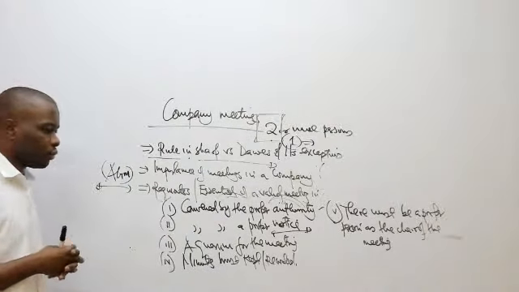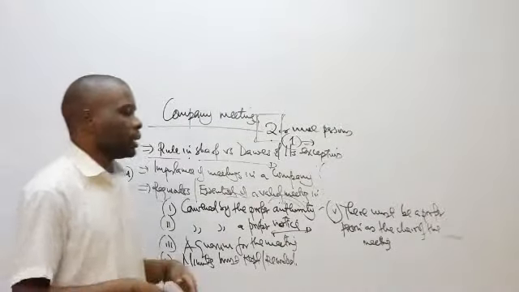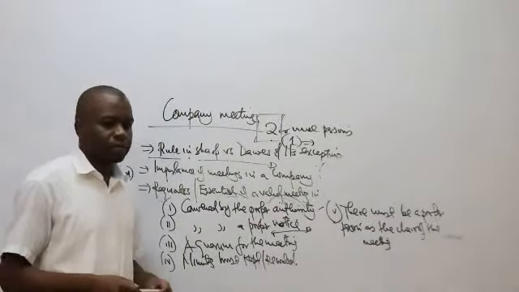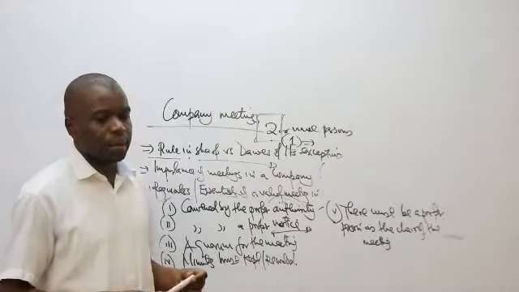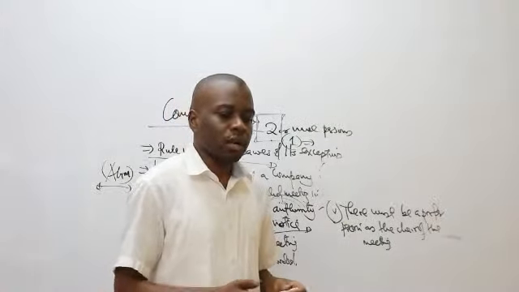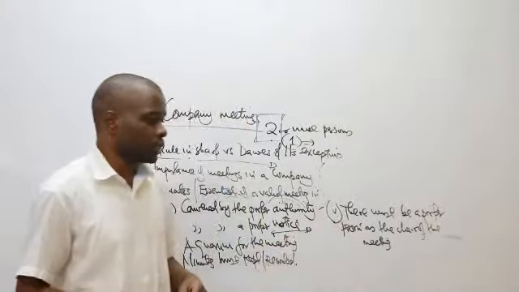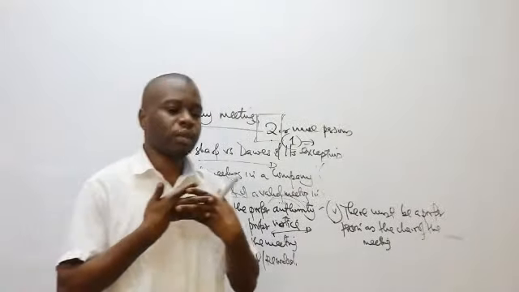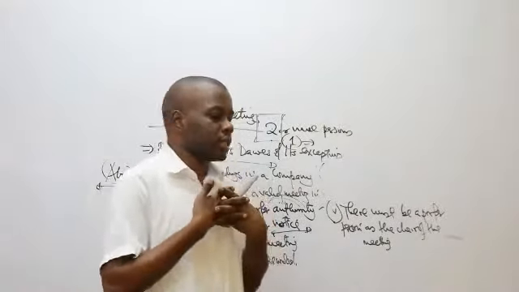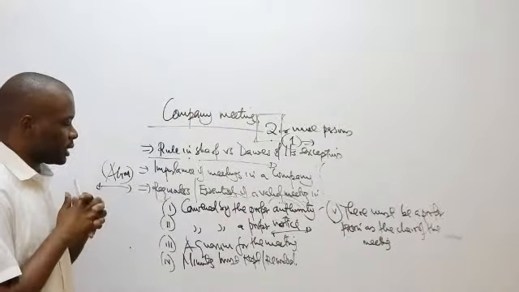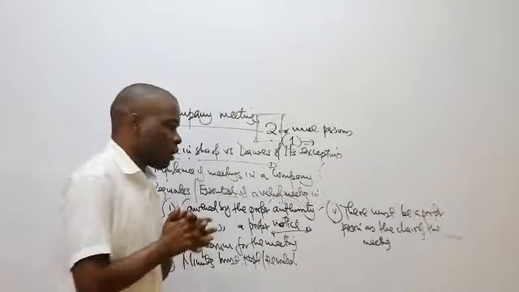So the chairman, before the meeting commences, must satisfy himself that there is a proper quorum for holding the meeting. If there's no proper quorum, then of course, as we'll see under the powers of the chairman, he can adjourn or call off the meeting until maybe next week or the other week, the same time. So the chairman should satisfy himself that there is a proper quorum for the meeting.